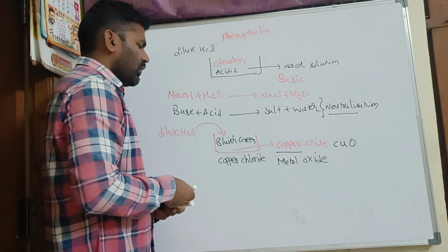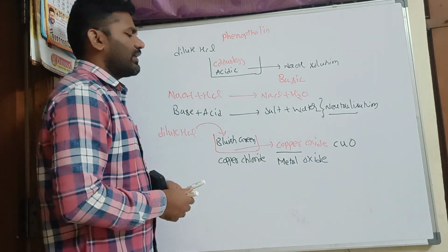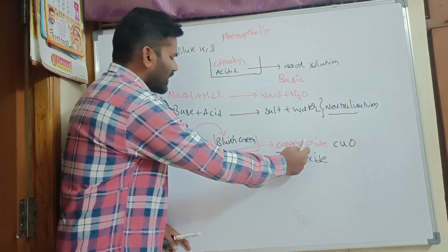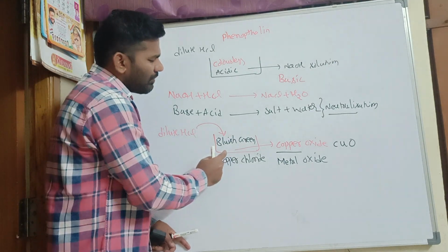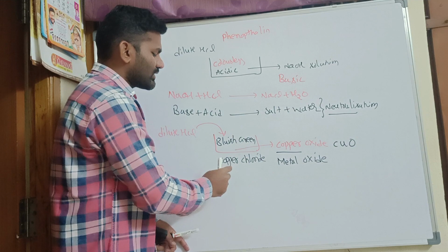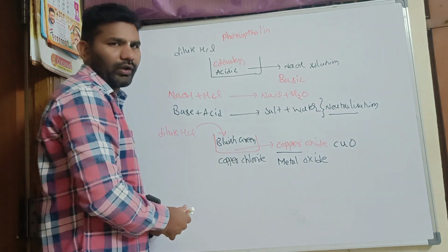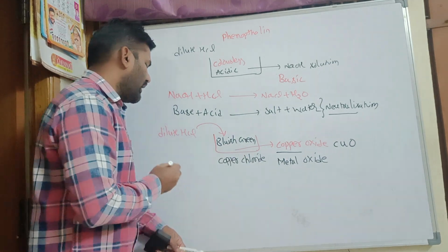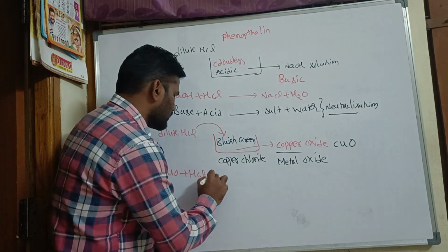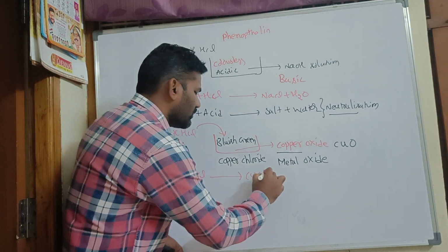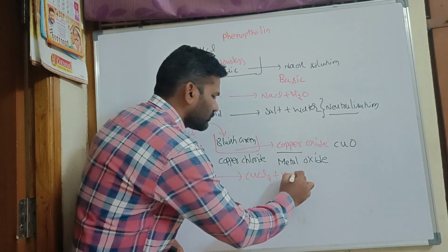From this, I can say that whenever copper oxide is treated with dilute hydrochloric acid, it is forming a bluish green color substance, that is copper chloride. In equation form, I can write CuO plus HCl gives CuCl2 plus H2O.